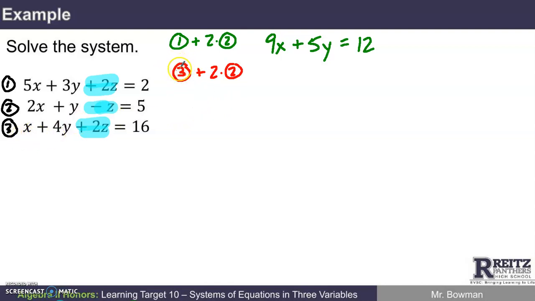So my plan is equation 3 plus 2 of equation 2. This plus 2 of these makes 5x. This plus 2 of these makes 6y. This plus 2 of these makes 26.